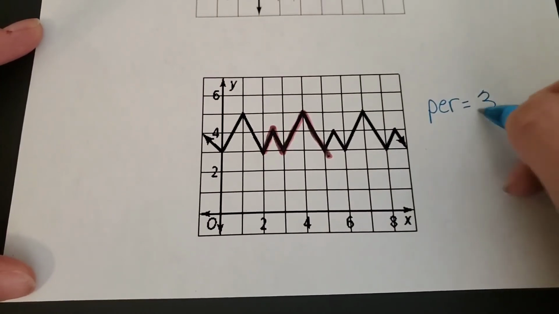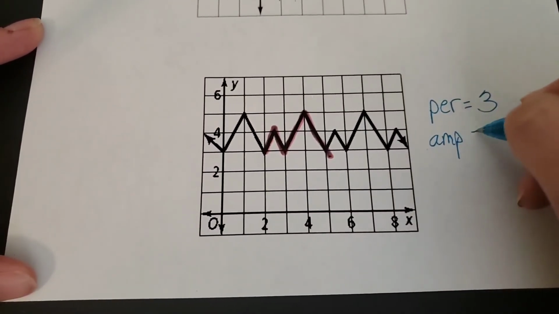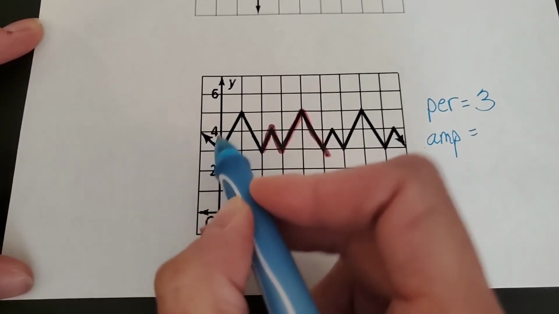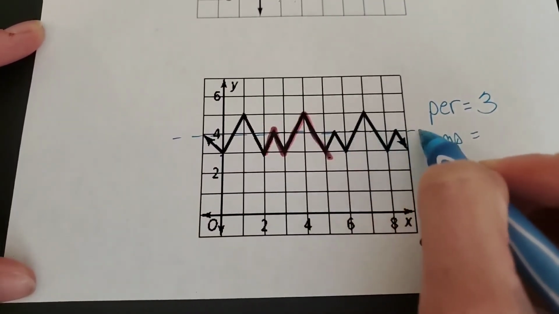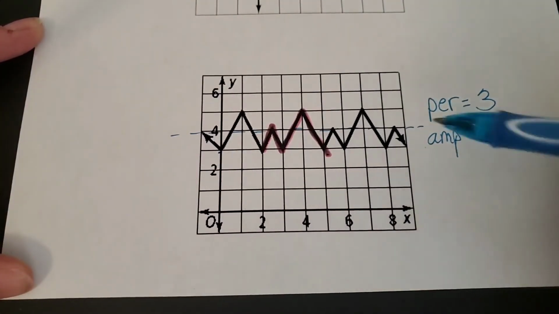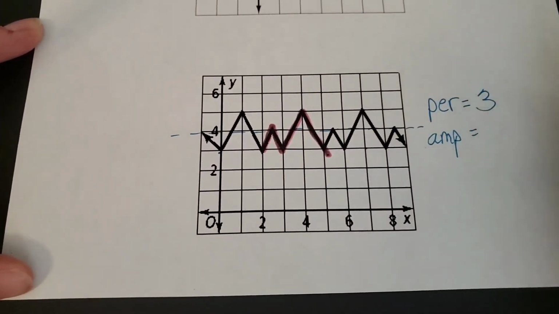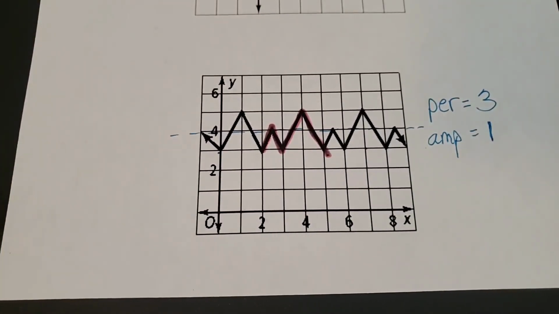So the period length is 3. And the amplitude, I'm going to cut this in half from the maximum to the minimum. And notice the graph is stretching one above that midline and one below that midline, so the amplitude is 1.